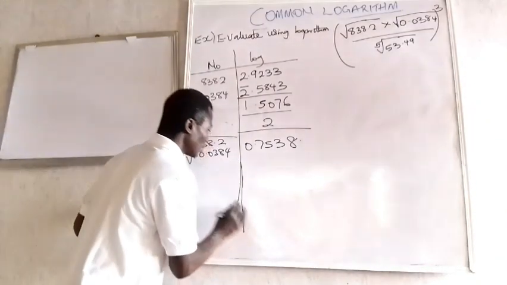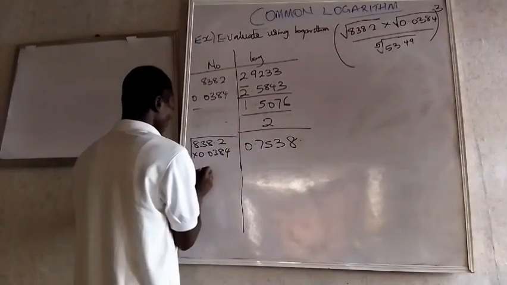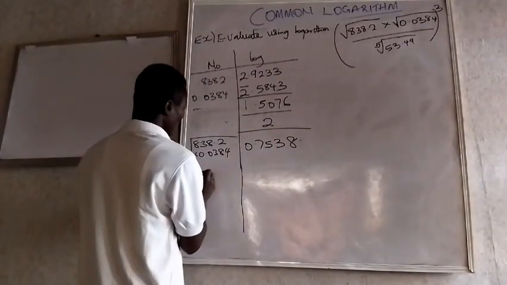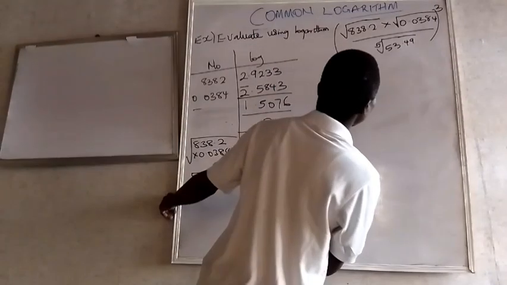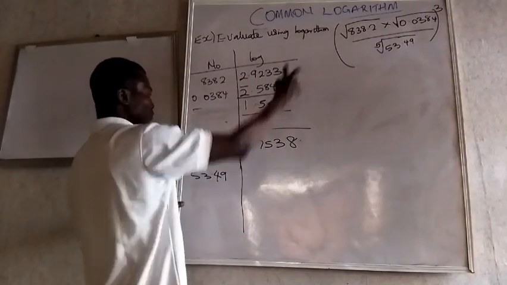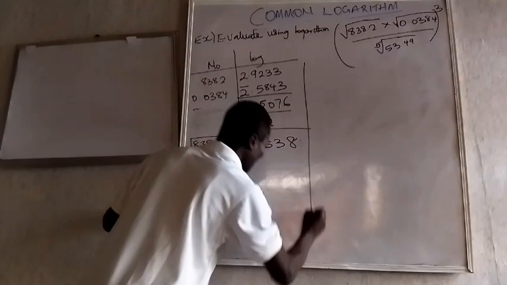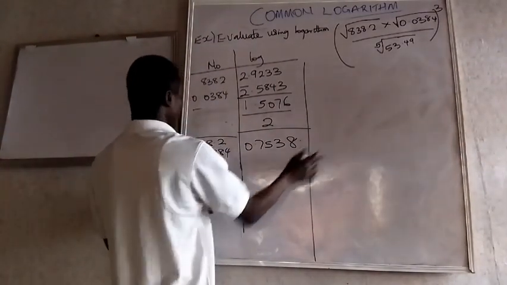Let's now go to the denominator. The denominator is 53.49. We are going to find the fifth root. So to make it neat, let's quickly do it here.